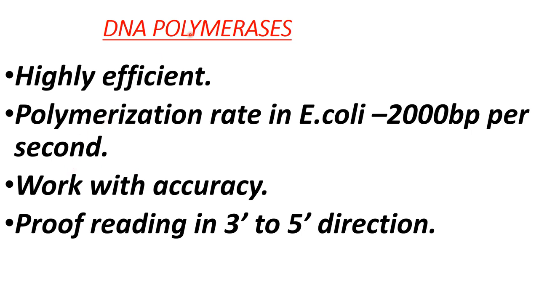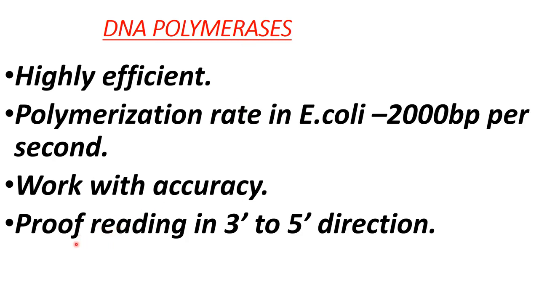This DNA polymerase also works with high accuracy, because if accuracy were not there, then mutations would occur in the DNA, which are not allowed during the replication process. So DNA polymerase works with very high accuracy.